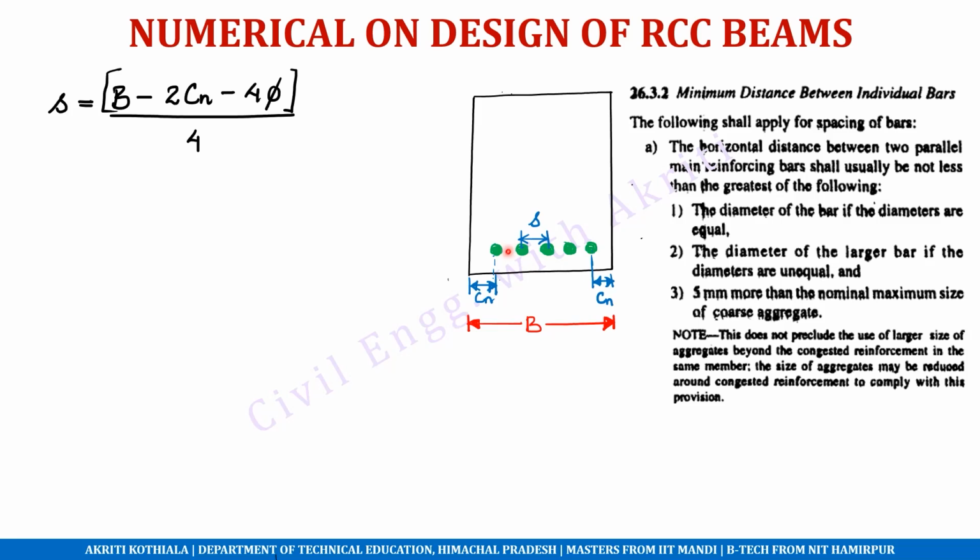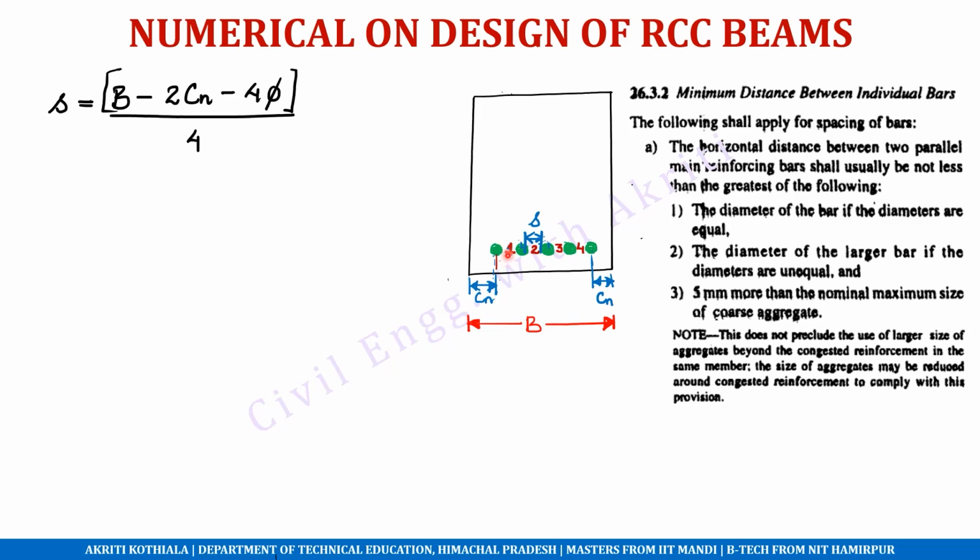So we are calculating this space in between. To calculate this space, we have to see how many spaces there are. 1, 2, 3, and 4. So how do we divide this entire width of the beam? We can say B minus 2 times the cover, which is 40 mm, minus 4 times the diameter of the bar.